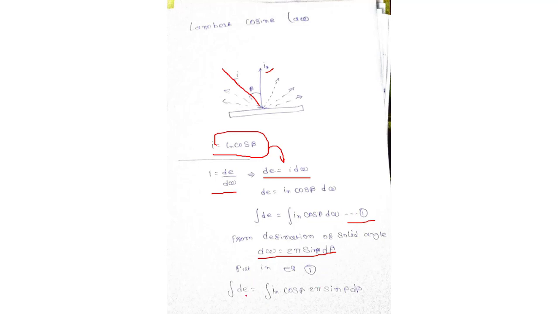So we get the integration of dE is equal to the integration of In cos beta 2 pi sine beta d beta. Now the integration of the left hand side is E, and on the right hand side we get pi into In, as In is a constant, so we take it outside and integrate the rest.